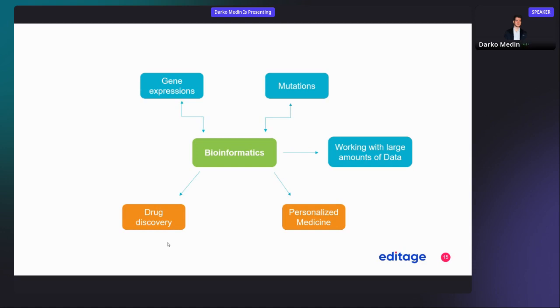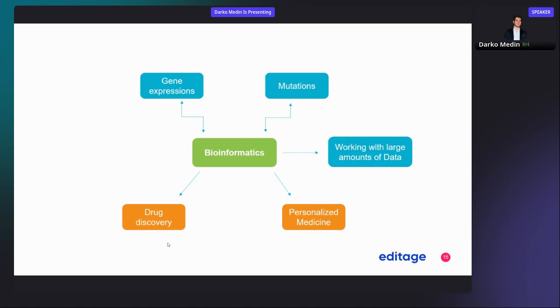All these require working with certain types of data. I mentioned here in this slide some of those, like gene expressions or mutations. So using large amounts of gene expression data, mutation data, other types of genomic data, bioinformatics can be used for drug discovery and personalized medicine, of course, in collaboration with other branches of science like medicine or biology.